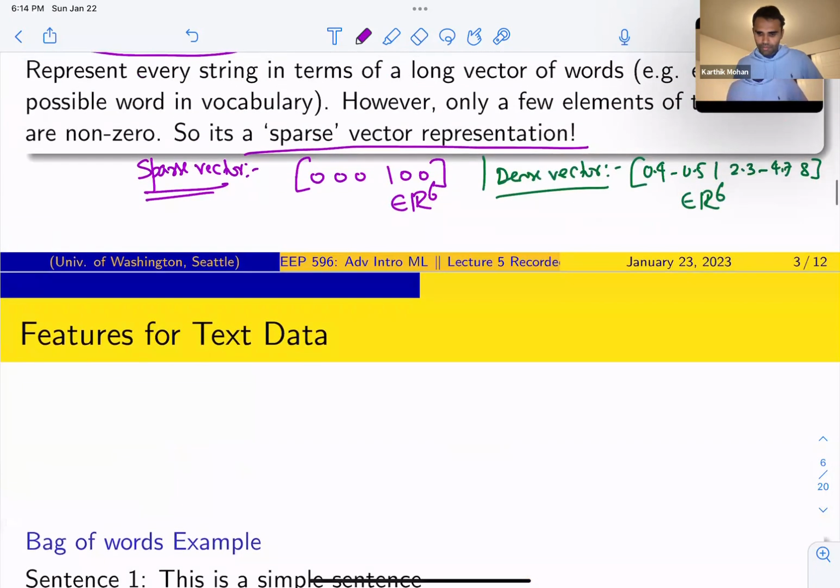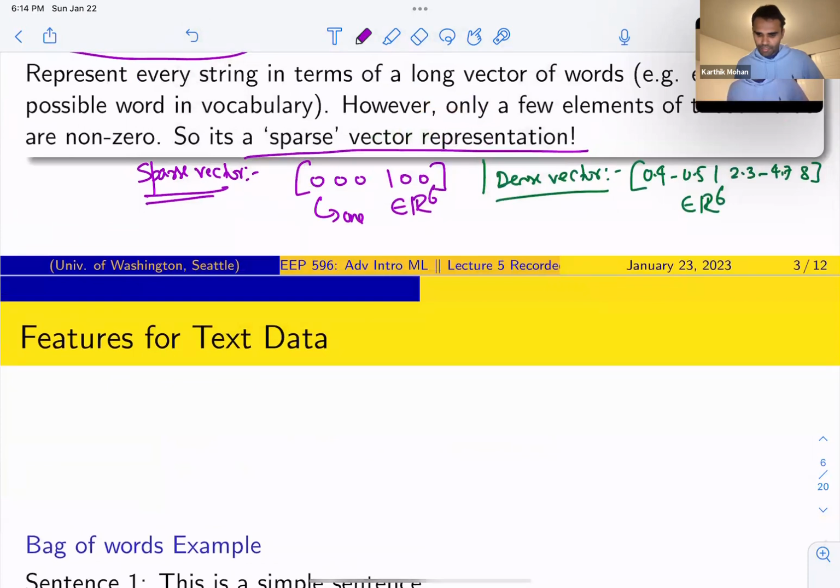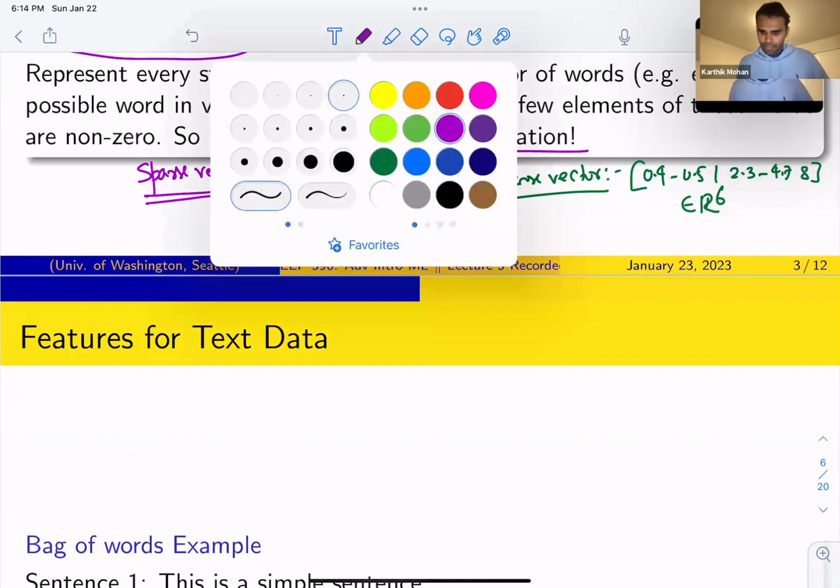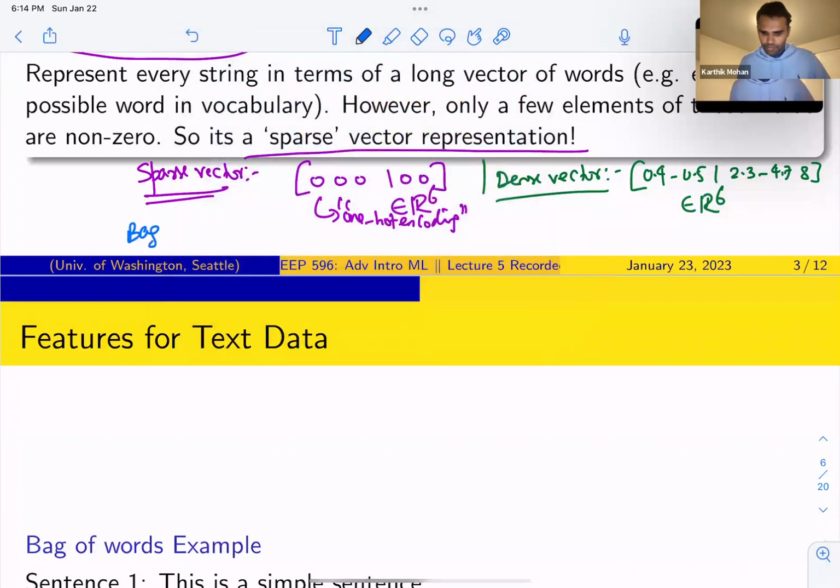So this is also called a one-hot encoding in this case. One-hot encoding because there's only one of them that's hot. But you can think of bag of words model as a multi-hot encoding.